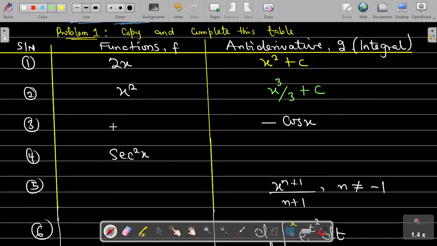When we talked about standard derivatives in Maths 102, the prerequisite course, one of the things we saw is that for trigonometric ratios, the derivative of sine x is cos x, the derivative of cos x is minus sine x, and the derivative of tan x is sec squared x.